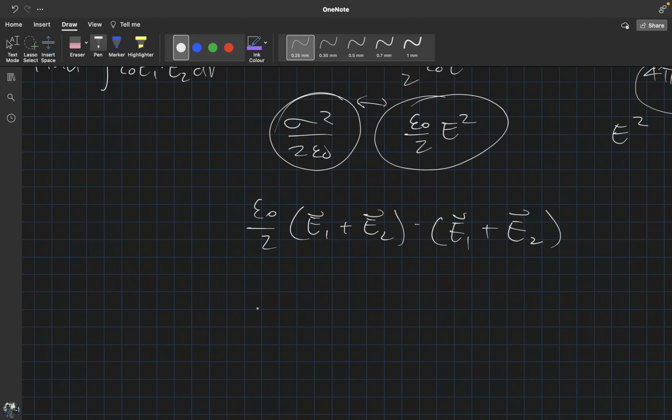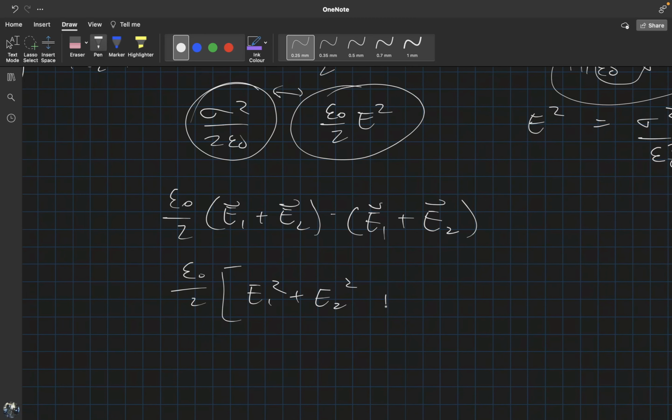Expand them and we get the answer: E1 squared plus E2 squared plus 2 E1 dot E2.